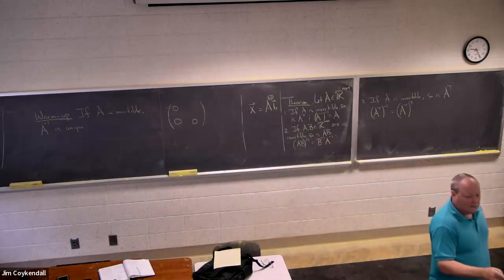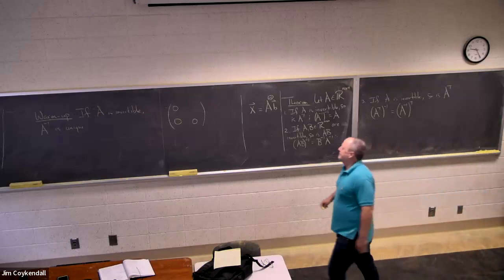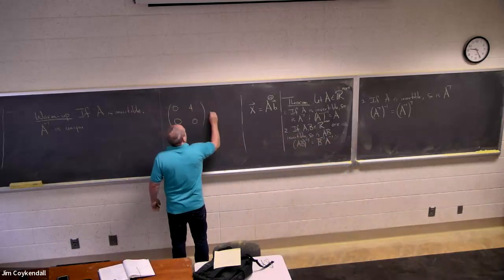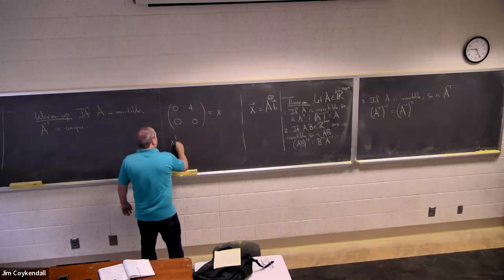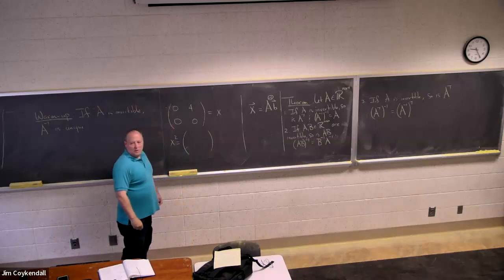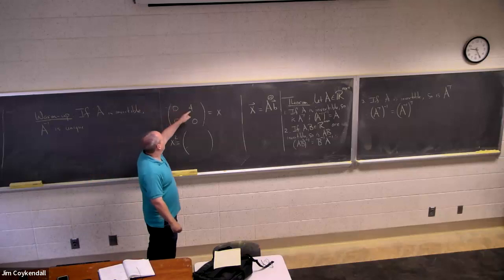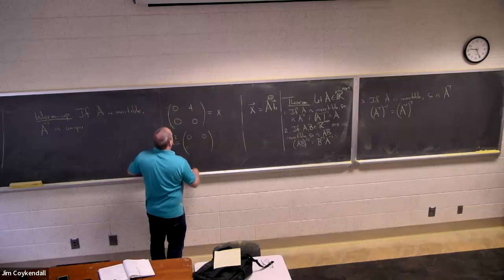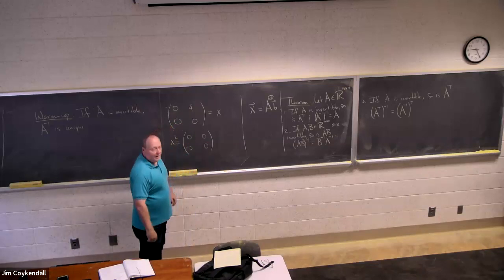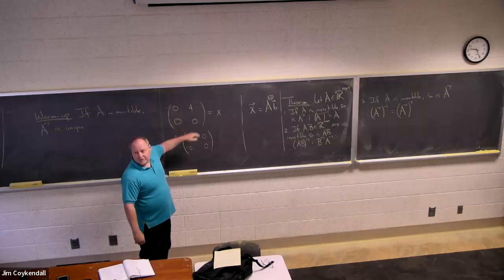Give me any number, just not zero. Four. So this row comes this column, zero. This row comes this column. This row comes this column. This matrix squares to the zero matrix. But it is itself not the zero matrix.